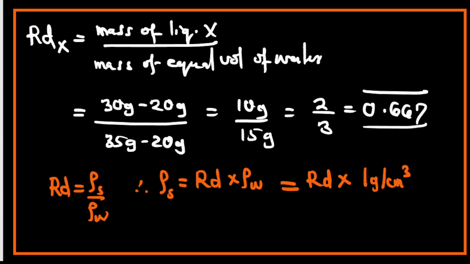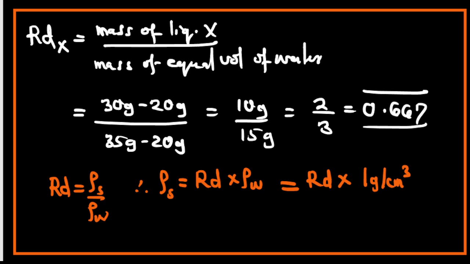What do I need you to get from this statement? If you have the RD of a substance, automatically you have the density of that substance in gram per cm cube. Like this substance now, it has an RD of 0.667. I can also tell you that it has a density of 0.667, but in gram per cm cube.